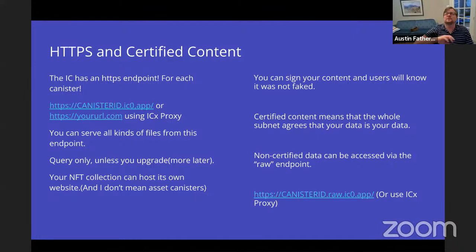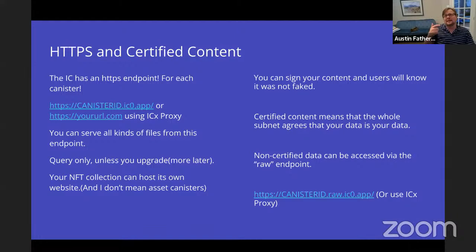You can still do lots of cool things with this endpoint without doing certification, using the raw endpoint. So you will have seen, especially if you use something like Discover, that there's a raw in the URL, and that means they're not certifying the content that comes back. There's a lot of reasons to not certify content. First of all, it's almost impossible to certify dynamic content, and it's definitely impossible to certify content from a query.